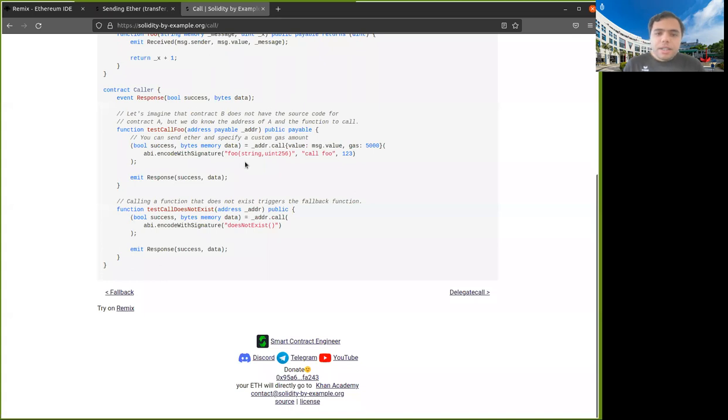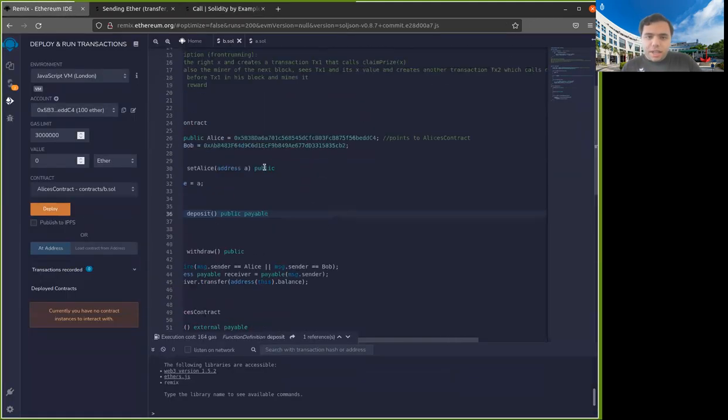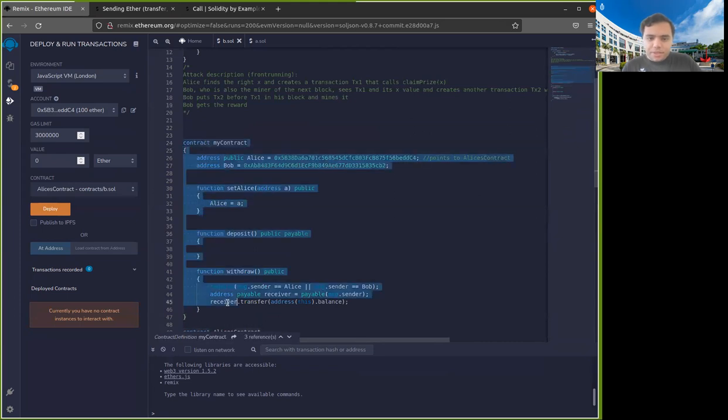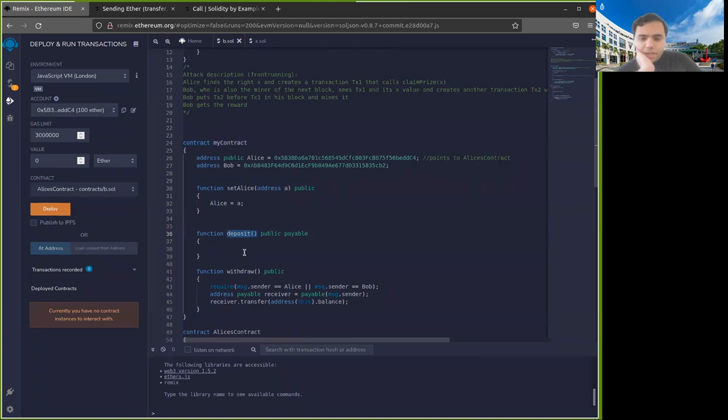So what happens if I write the function name incorrectly? Suppose that I say, take the contract at this particular address and call the deposit function. So let's say I've put this contract up and I say I want to call the deposit function. But suppose that, for example, I have a typo. So instead of deposit, maybe I write it with 2 T's. So that function doesn't exist, right?